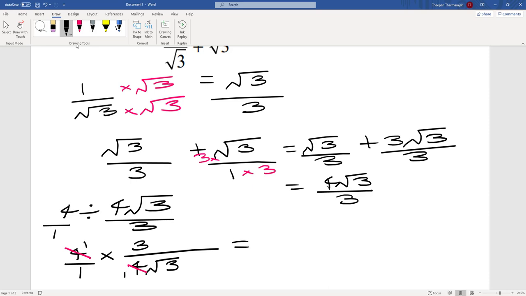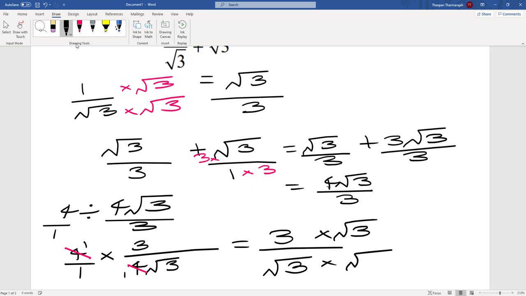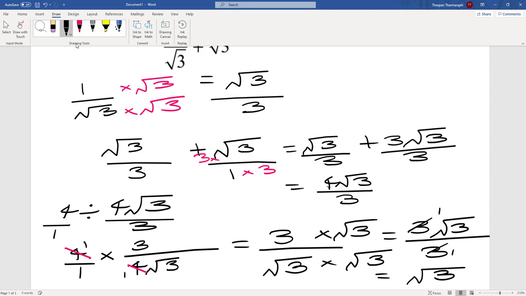So 1 times 3 is 3, and then 1 times root 3 simply gives me root 3. So times root 3 times another root 3, and that gives me 3 root 3. Now root 3 times root 3 is 3. Now these cancel out to give me a 1 and a 1, and I end up with root 3. That was what needed to be shown.